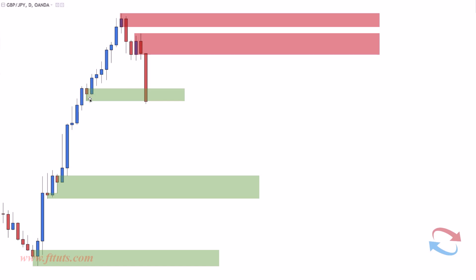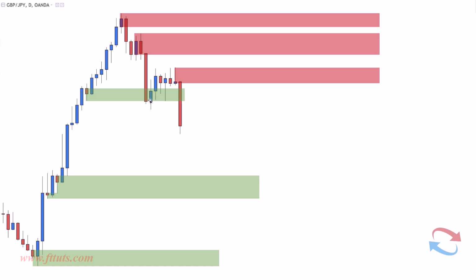Now, this is our first level of demand right here, and price has come down into this level of demand, and we've got two levels of supply. Now, we get this move here where we get some demand, a bit of buying, and then we break through. These two areas are really the areas where we want to say, all right, supply from these two areas took out this demand level.